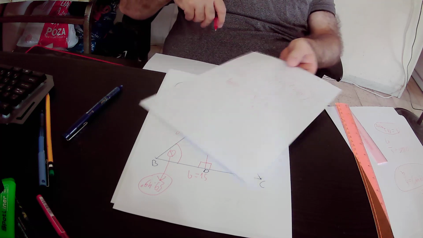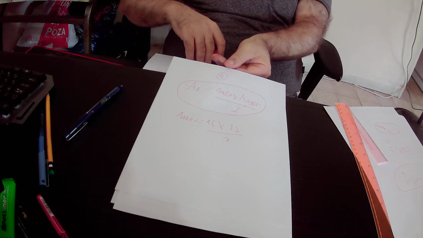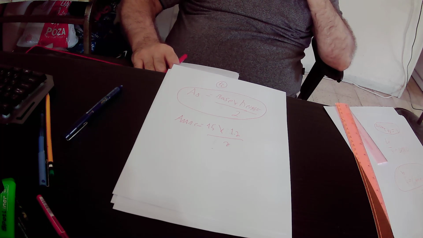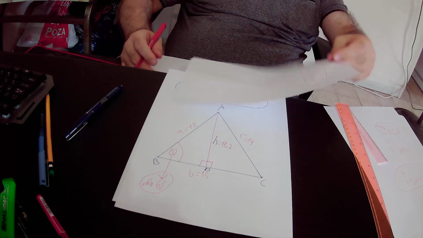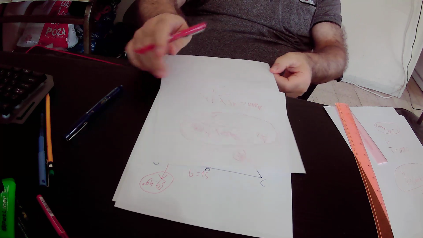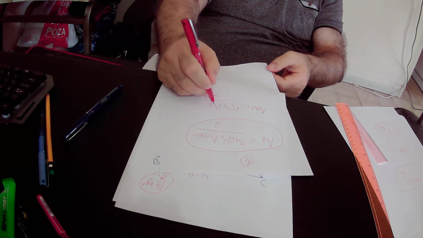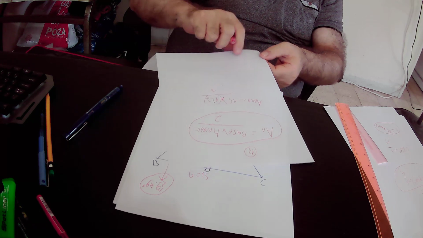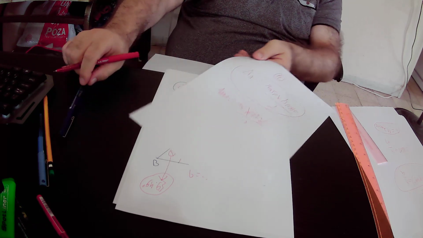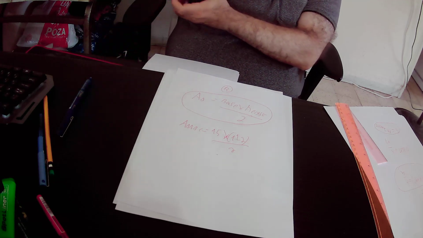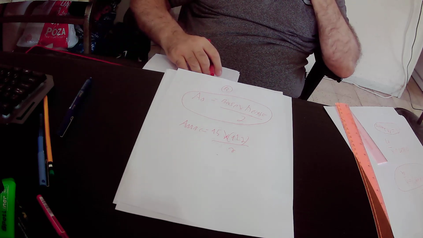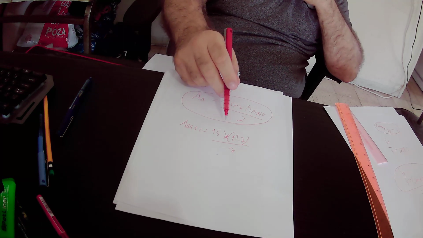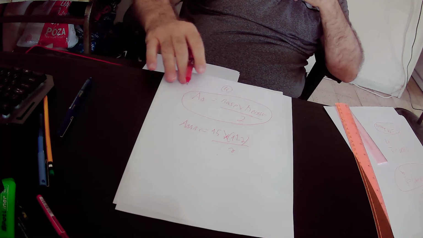So the area of triangle ABC equals 15 times 11.2 over 2.